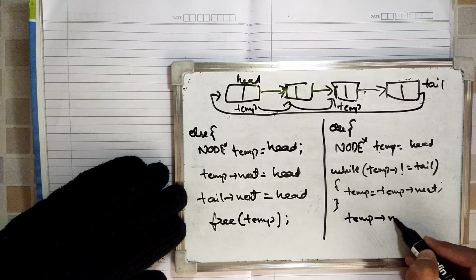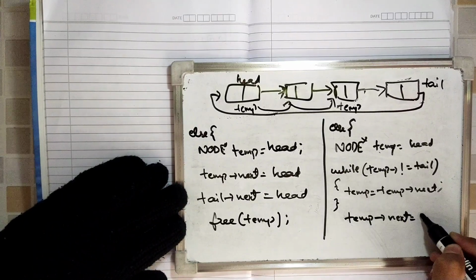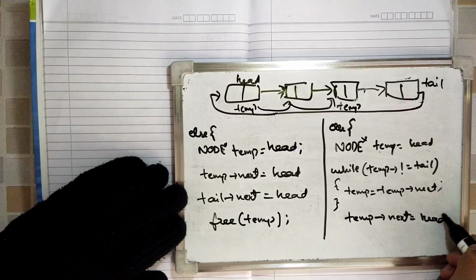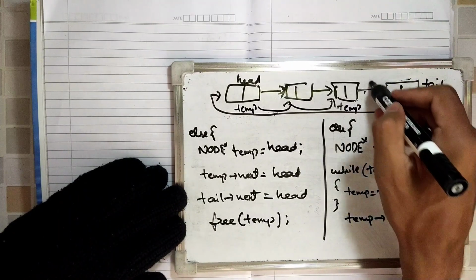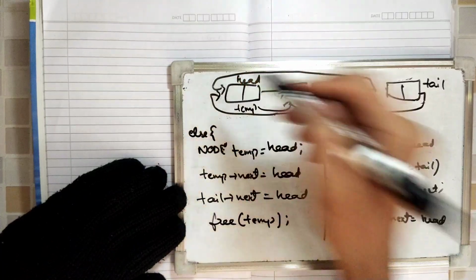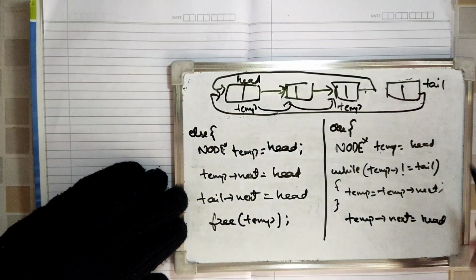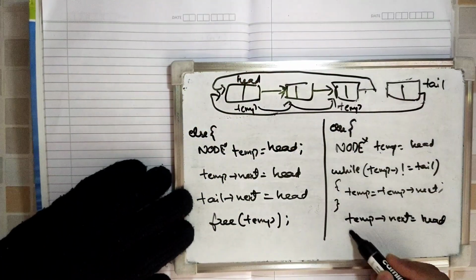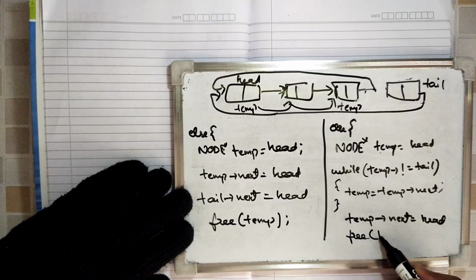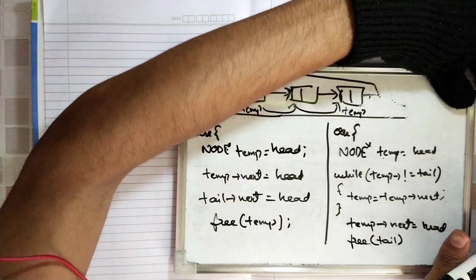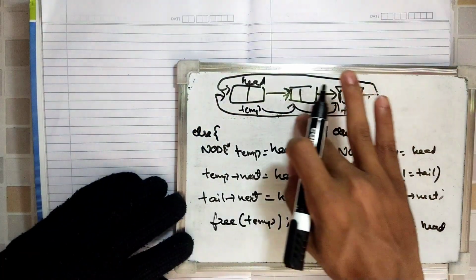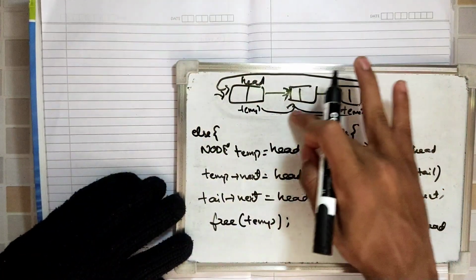So this connection, instead of giving to tail, now I took this and gave it like this to head. Okay, so now this tail, what will I do? I will free tail. So this thing got deleted, so automatically this also we won't be having.